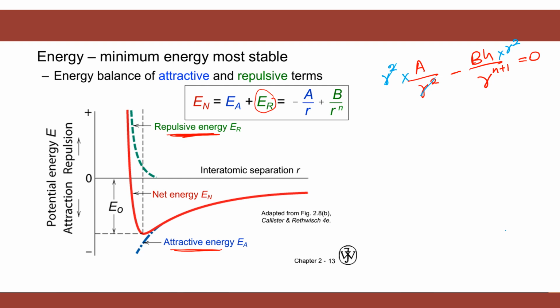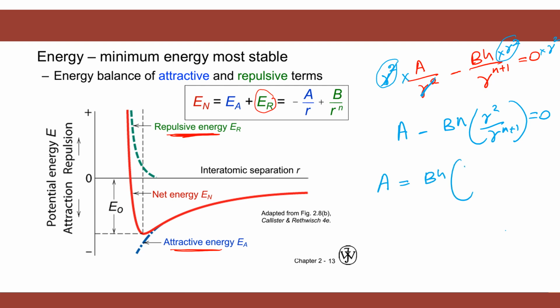So I just multiplied everything by r squared. Even this one also by r squared, and the r squared will cancel out. So I have A minus Bn r squared over r^(n+1) is equal to 0, isn't it? Then I can say A is equal to Bn r squared over r^(n+1), isn't it?